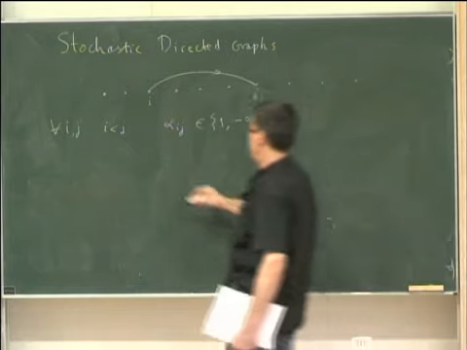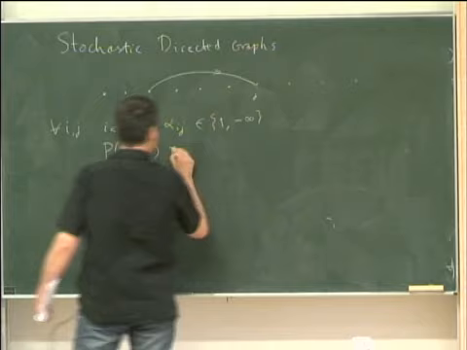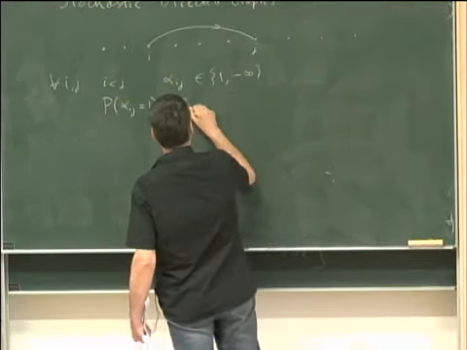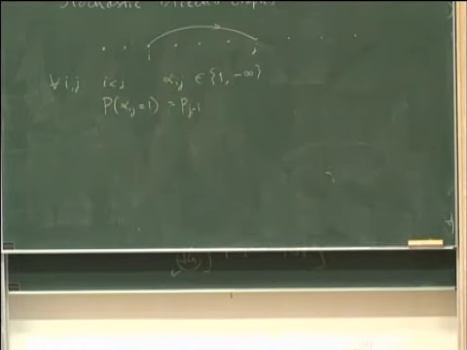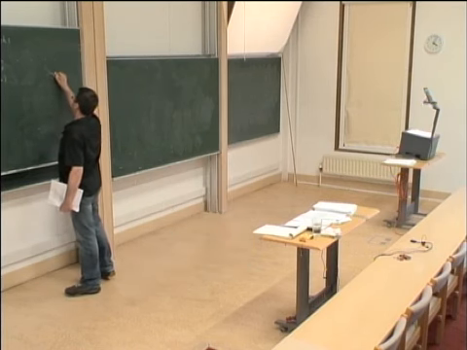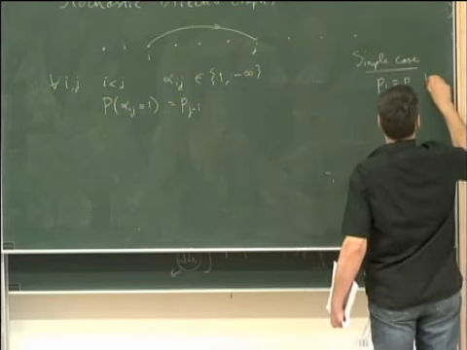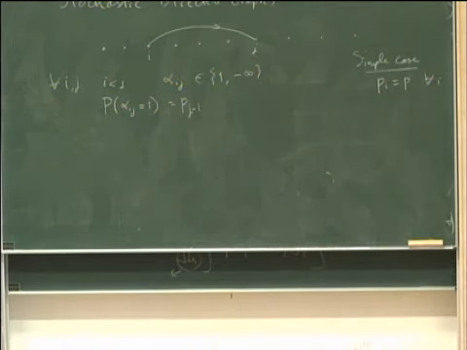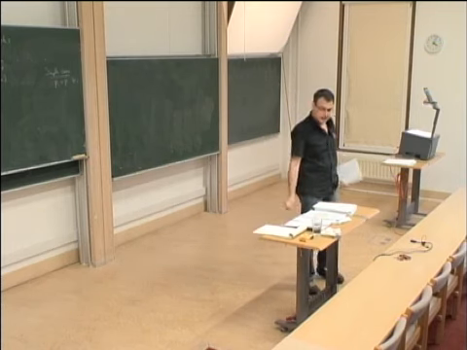And the probability that alpha i,j is equal to 1 is some function of the distance. In the simplest case, the paper of Erdős and Barak, which I'm going to call the simple case, it is p for all i. So this is a directed version of the Erdős-Rényi graph.